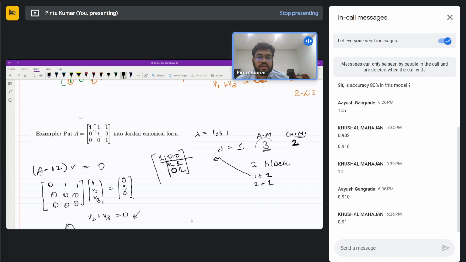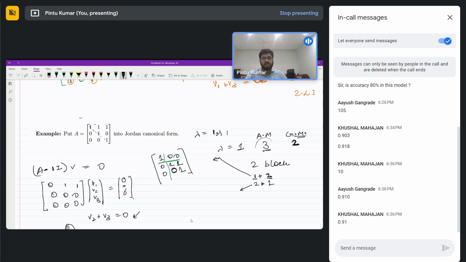You fill in 0 everywhere else, and this is the matrix that you obtain. So this was the first block, this is the second block. This is the Jordan canonical form if the first block is of size 1 and the second block is of size 2.